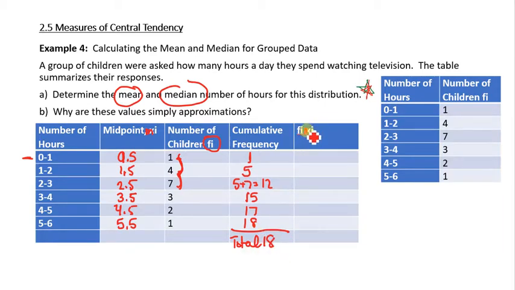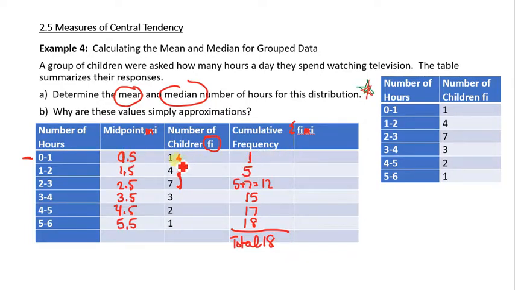Now, M for the midpoint. Let's multiply the Fi and then Xi, because then we're going to add them all up and get the sum of all of these, which is the numerator in our equation.